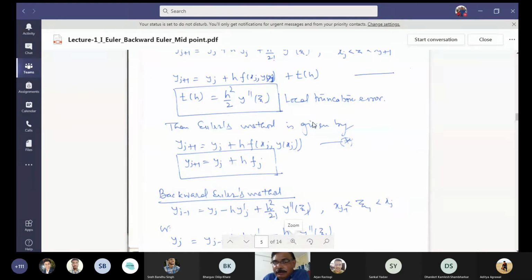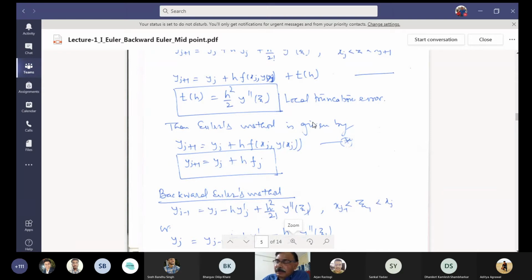I have given the definition of capital order: the function f(x) is called capital order g(x) if the magnitude of f(x) by g(x) is less than or equal to M. So this T(h) is of capital order h square.